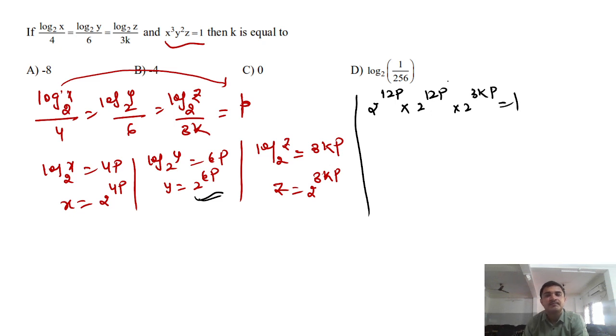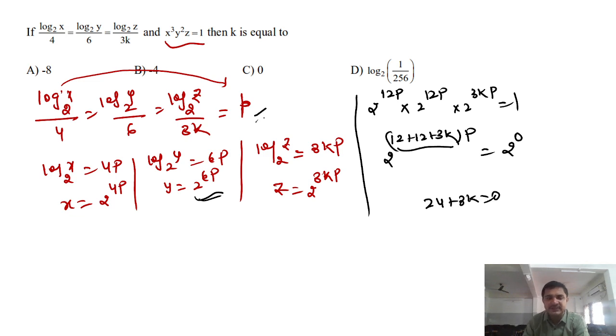Yes or no? In that case, 2 power, what will I be getting? 12 plus 3k into p is equal to 1. 1 is nothing but 2 power 0. That means this value must be equal to 0. That is 24 plus 3k must be equal to 0.